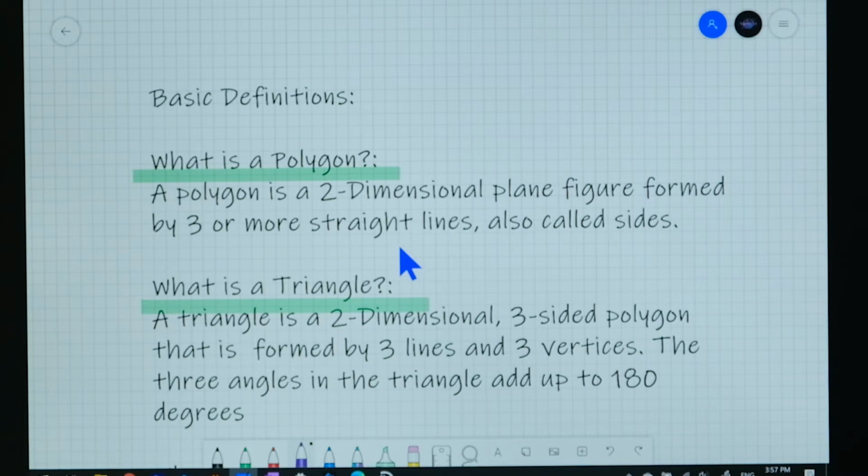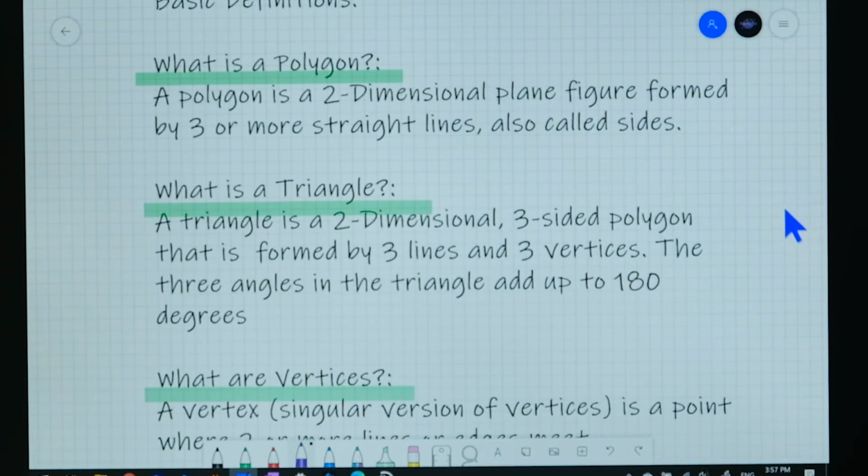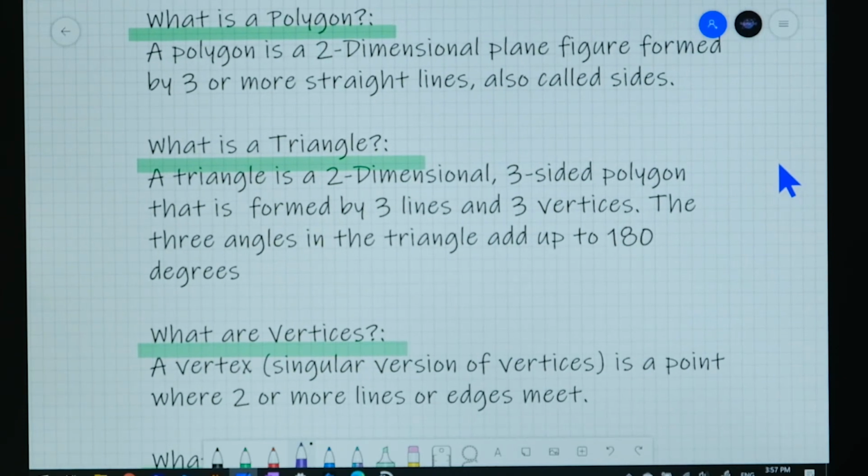Next, what is a triangle? Very important. A triangle is another 2-dimensional 3-sided polygon, so it has the minimum amount of lines. It is formed by 3 lines and 3 vertices. There are also 3 angles in the triangle, and these angles all put together will add up to 180 degrees.